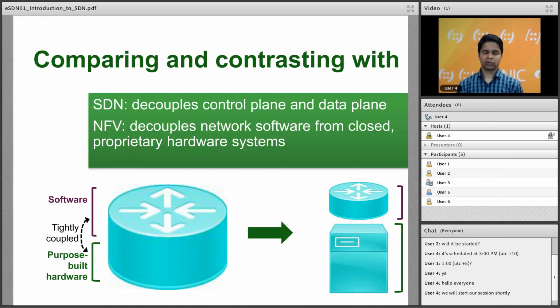NFV, or network function virtualization, is basically physically decoupling the network software from closed proprietary hardware systems. While SDN has its roots in the research community, NFV is strongly driven by the operators.